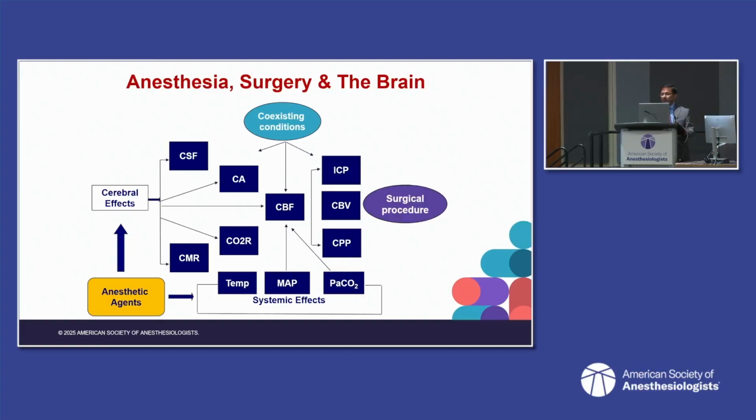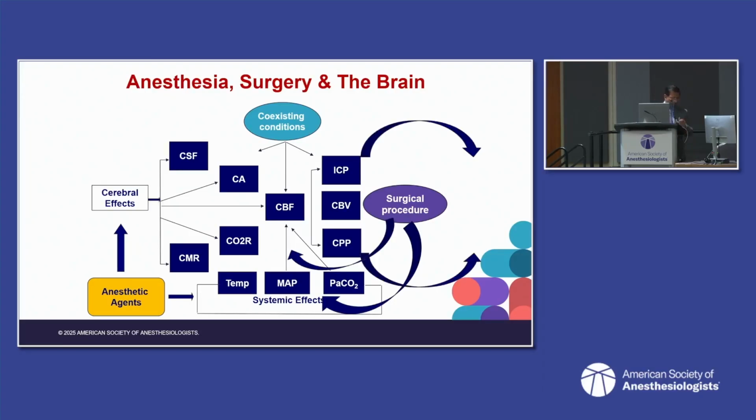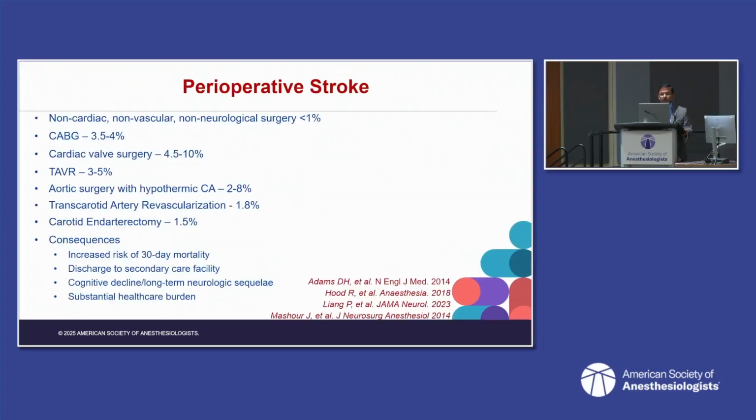And then on top of that, we introduce the surgical procedure, which, depending on the nature of the procedure, can affect the blood pressure or the cerebral blood flow. And you can see the interaction can be fairly complex between these factors. So what the anesthetic does to the body, what the coexisting diseases bring, and what the surgical procedure does, then affects the rest of the outcome.